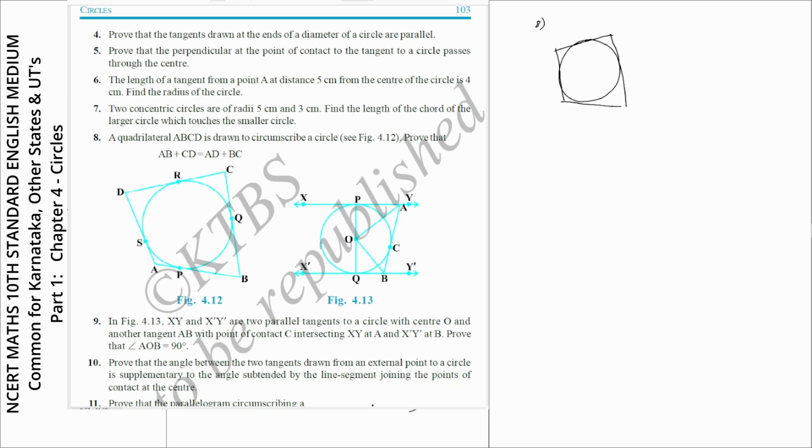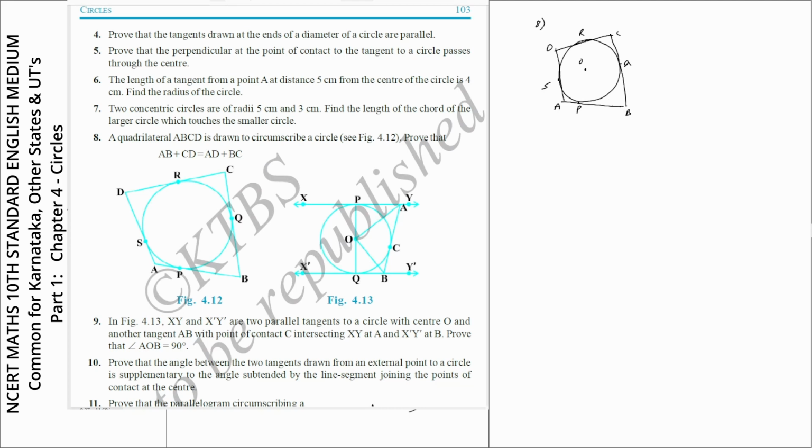So here ABCD is a quadrilateral, and it circumscribes a circle, and let us say the center of the circle is O, and also you can see in the figure that the circumference touches the sides of the quadrilateral at point P, at point Q, at point R, and at point S.